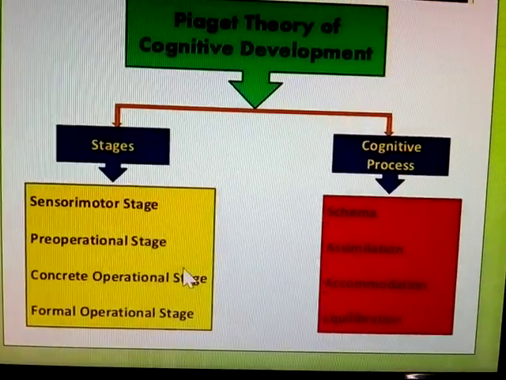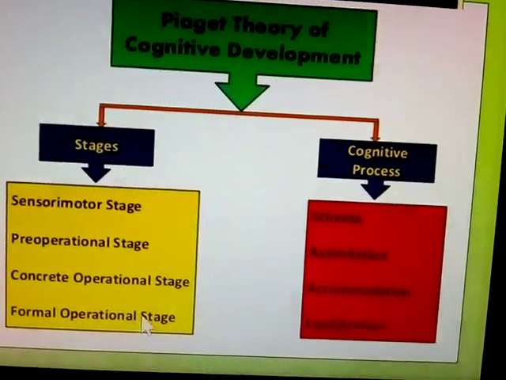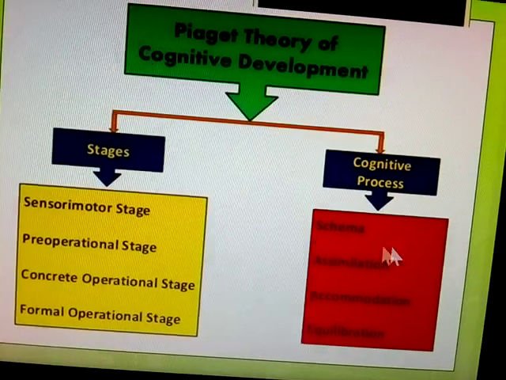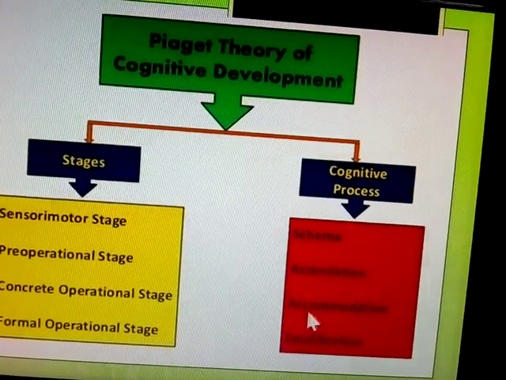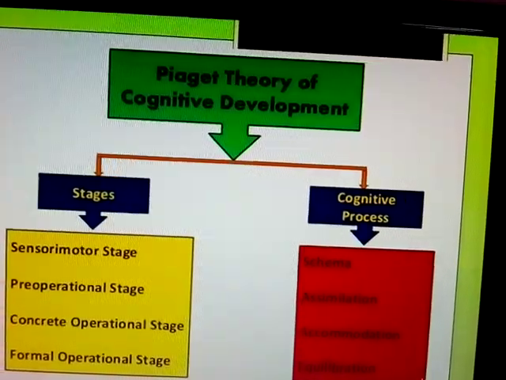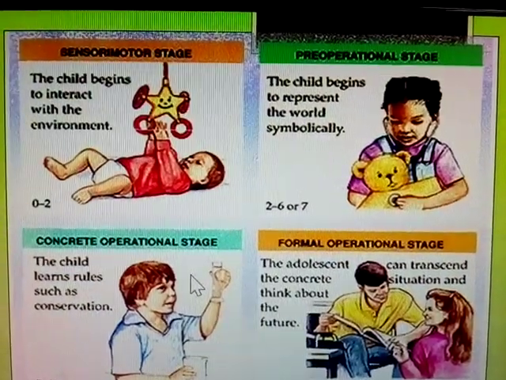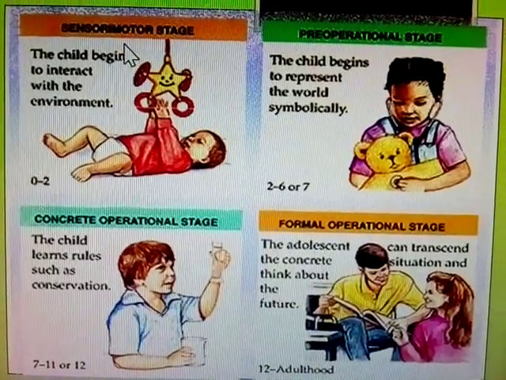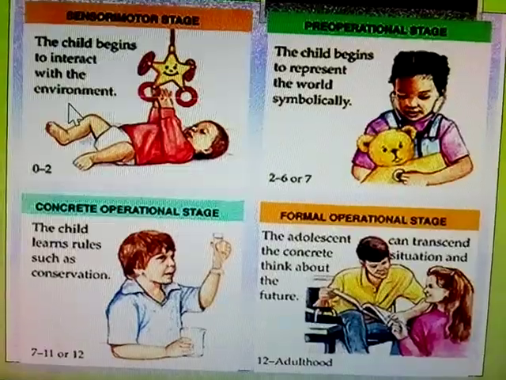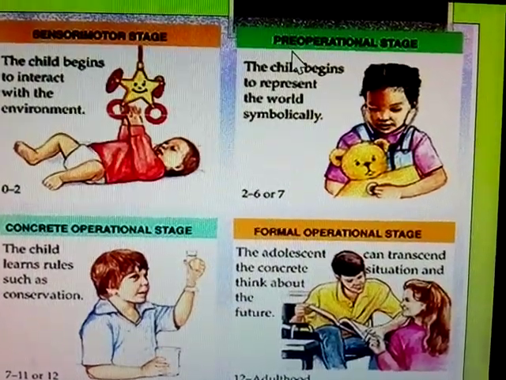Sensorimotor stage, preoperational stage, concrete operational stage, formal operational stage. Cognitive processes: schemas, assimilation, accommodation, equilibration. Sensorimotor stage: the child begins to interact with the environment, already covered in the previous video.